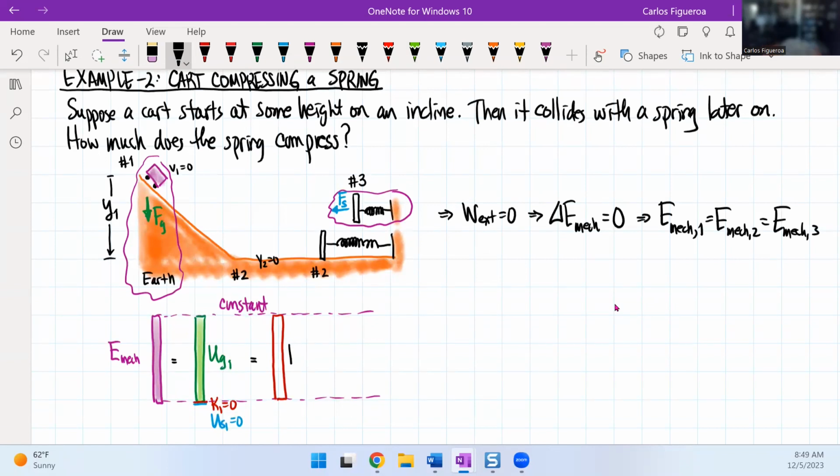So that means at this point here, the kinetic energy at 2, all of the energy has been converted into kinetic energy. In other words, the gravitational potential there is zero. Now note, I'm not going to write the spring because the spring does not enter the system. Now look what happens. So the cart gets all the way down to right here.